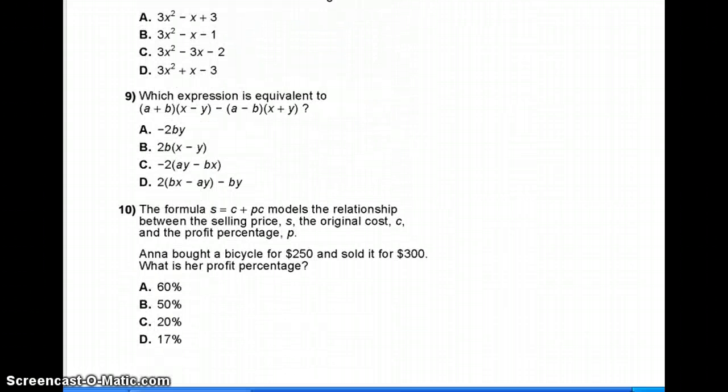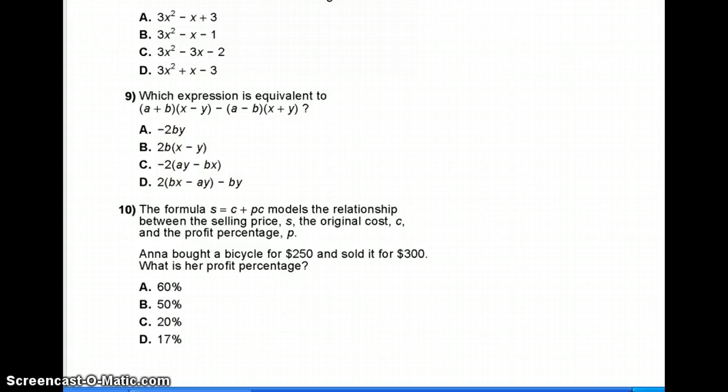Number 9, which expression is equivalent to the quantity a plus b times the quantity x minus y minus the quantity a minus b times the quantity x plus y?